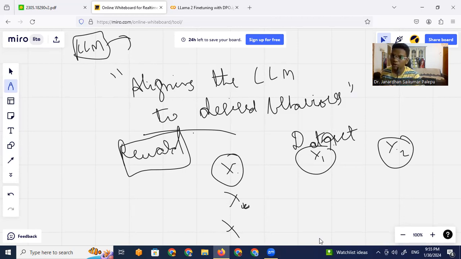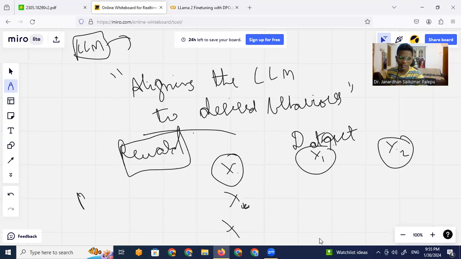The goal of the reward model is to find the best answer. It will learn which answer is better. So we'll have a binary or multi-class classification model which, given a question and a set of answers, picks the right answer, or given a question and an answer, rates how much desired behavior that answer has.